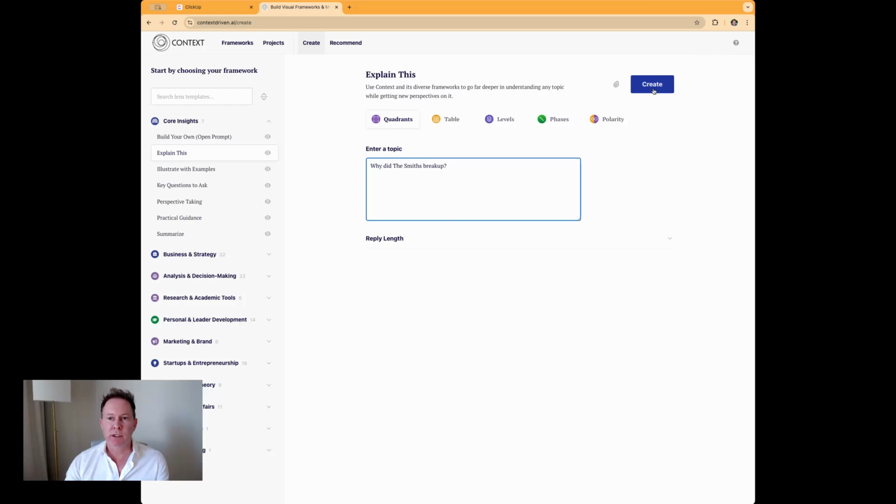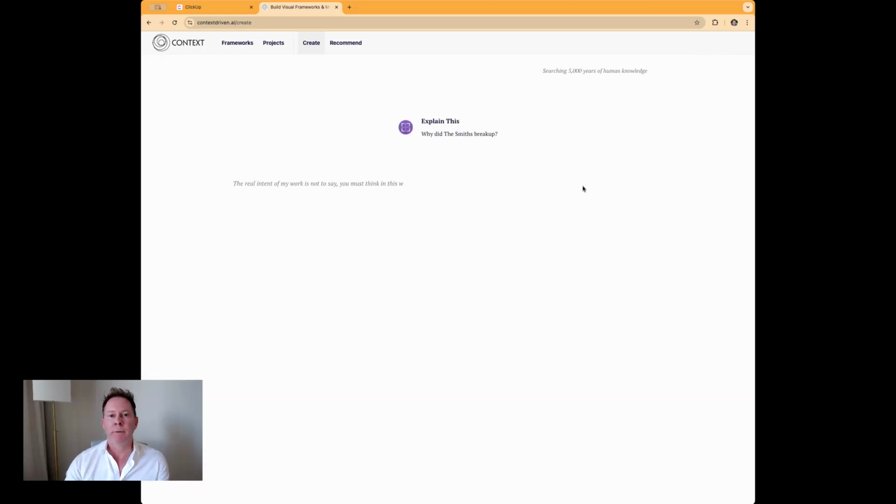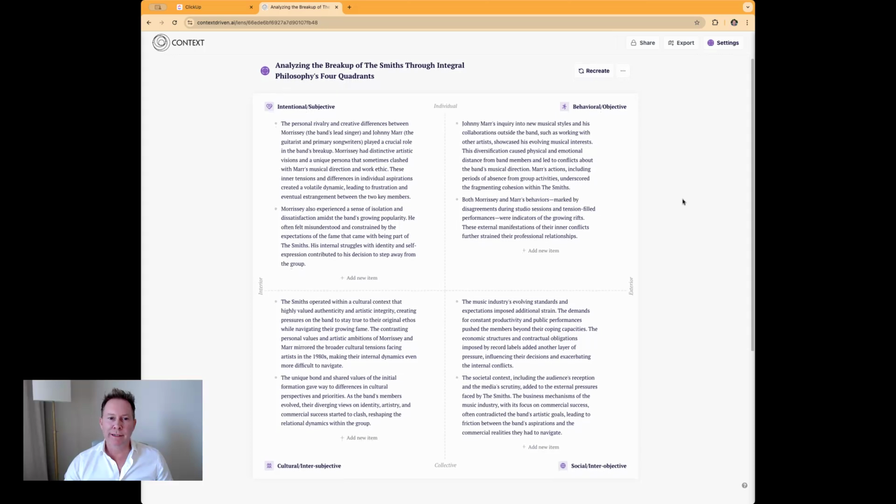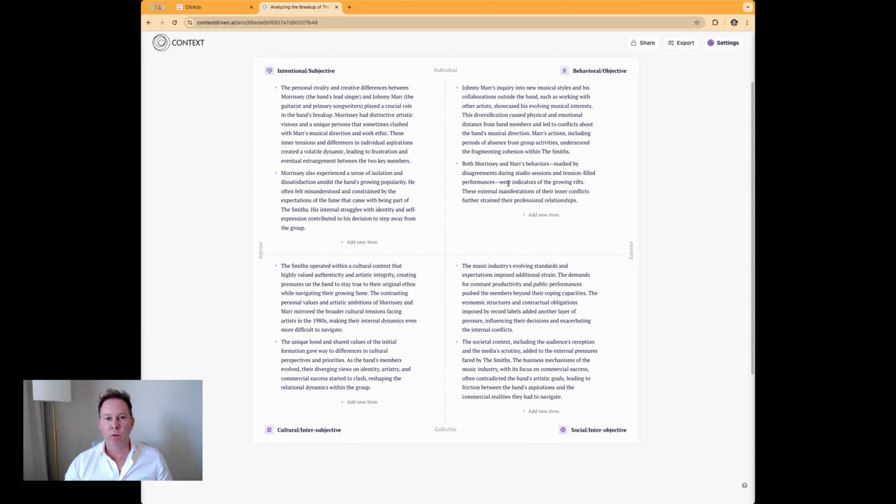The quadrants give you the interior and the exterior of the individual and the collective. So we can look at the interior of the individual, and that's the intentional or subjective psychological domain. It's basically going to get into the psychology of what was going on in that area.